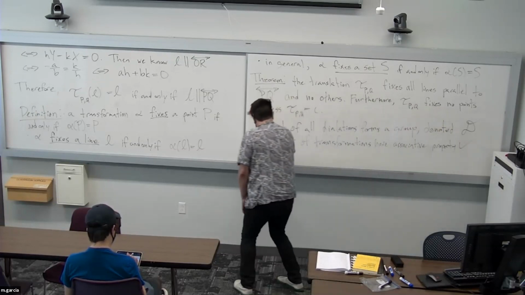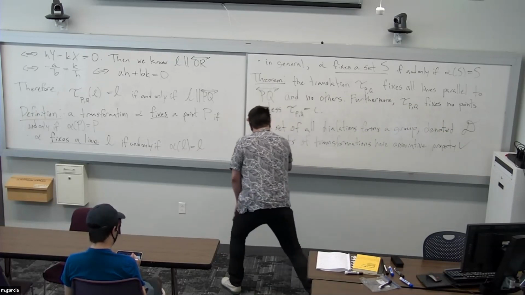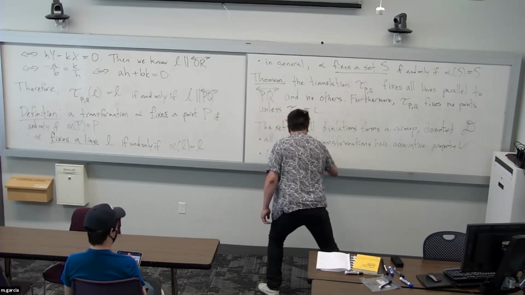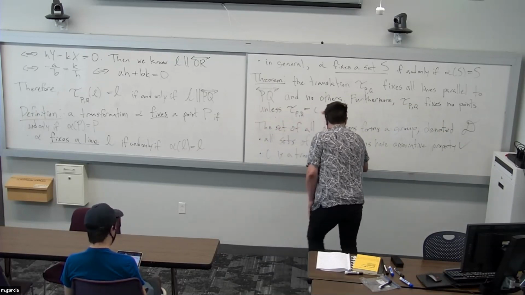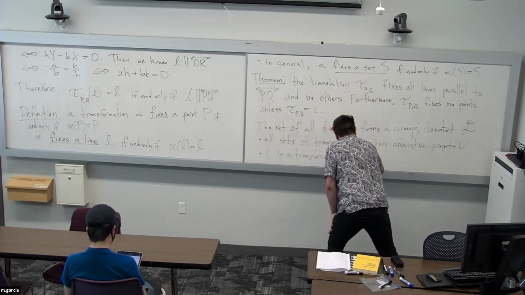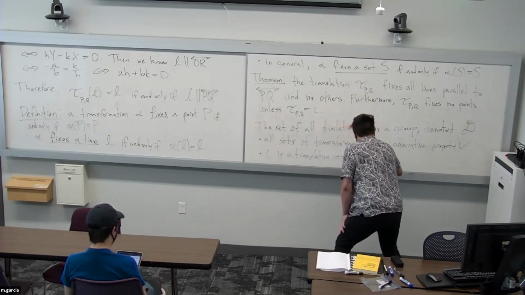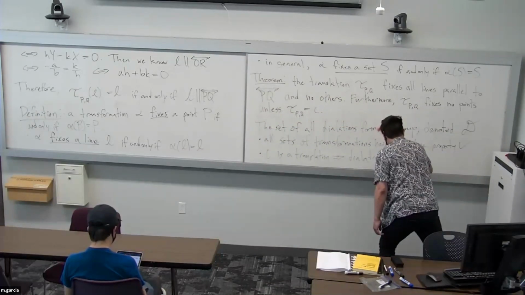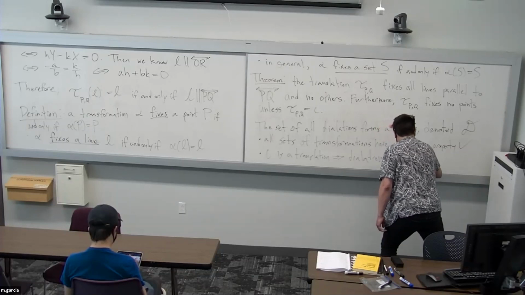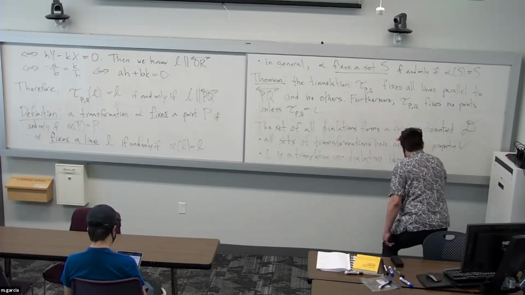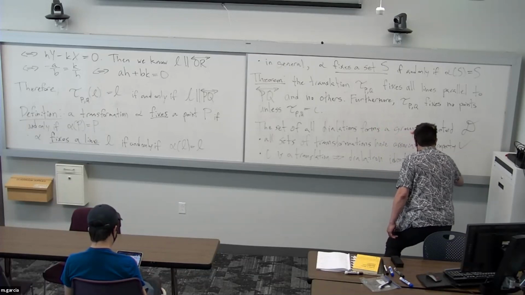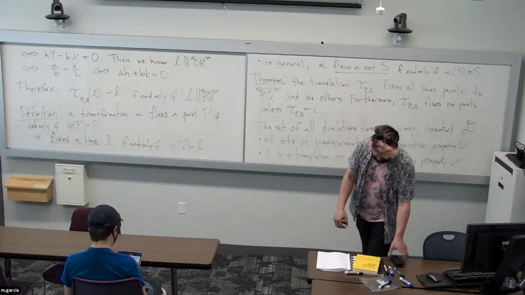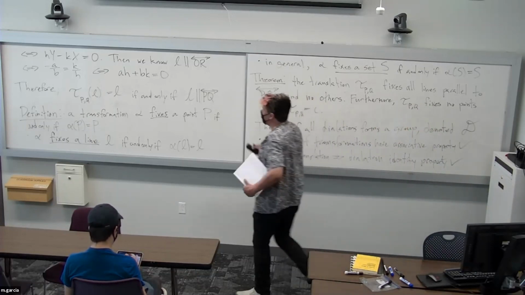And then as Zach was saying, iota is a translation, which implies dilation. So the identity property checks out.